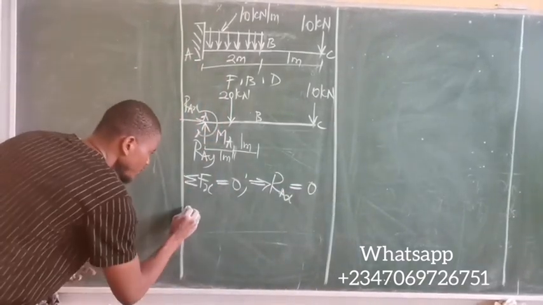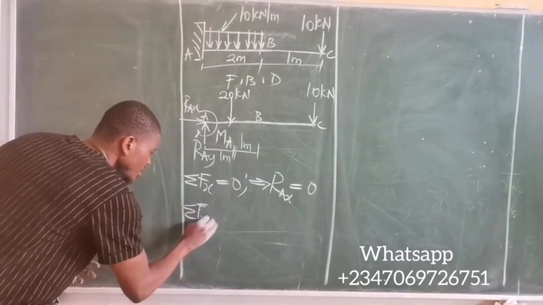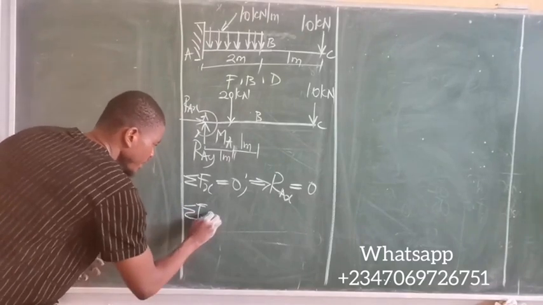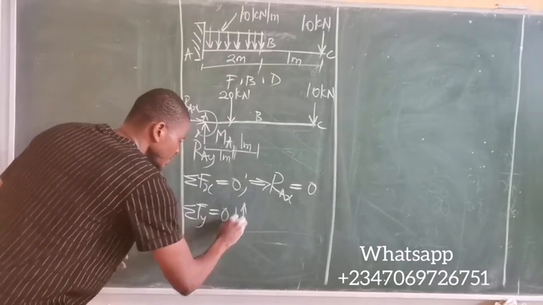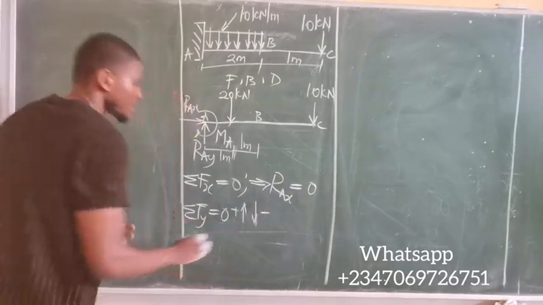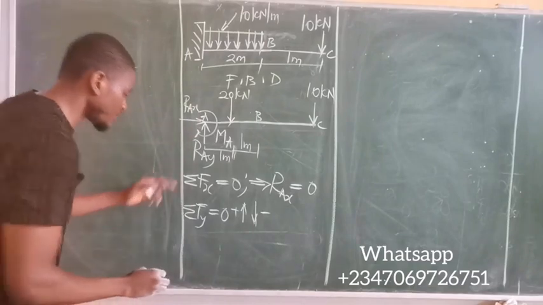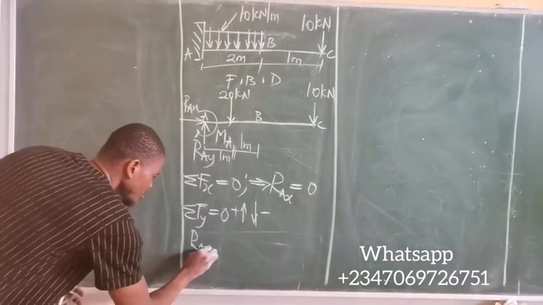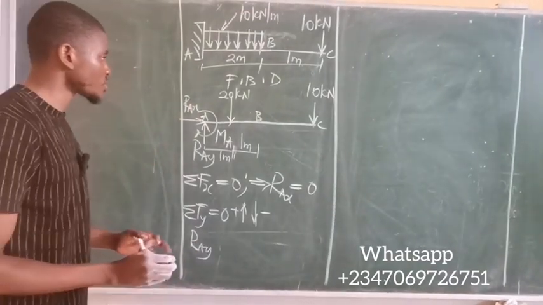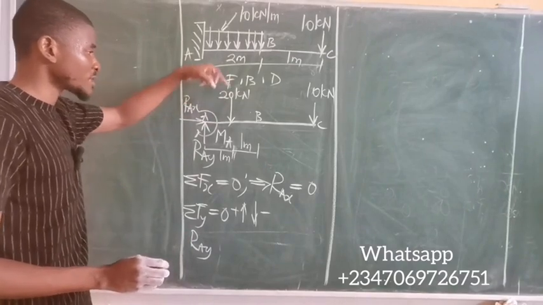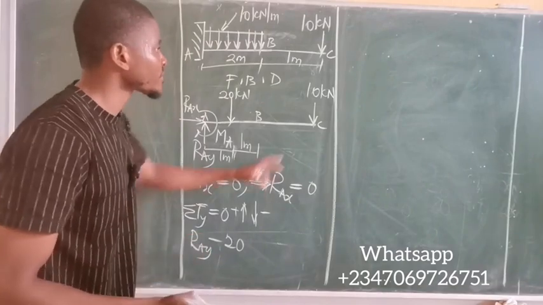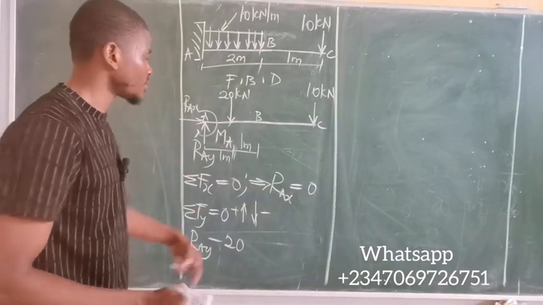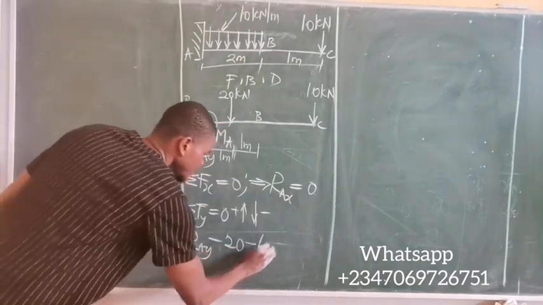Next is summation Fy equals 0. Let's consider vertically upward force always as positive and downward force always as negative. So we have RAY pointing upwards, so it's positive. We have the 20 kilonewtons force acting downwards, so it's minus 20. And then we have the 10 kilonewtons force at point C acting downwards, so it's minus 10.